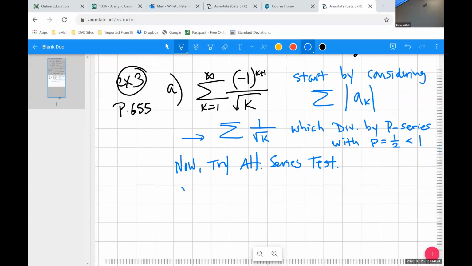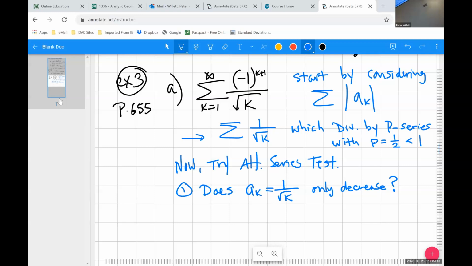Okay, so step 1: does the a sub k's, again without absolute value, if we set the a sub k's equal to just 1 over the square root of k, does this sequence only decrease? Is it non-increasing? So the first condition of the alternating series test is that the terms are non-increasing.